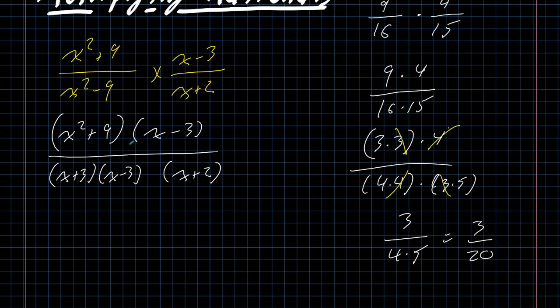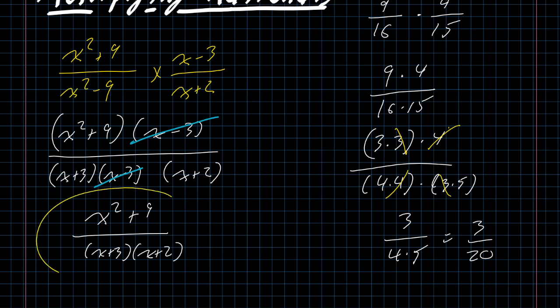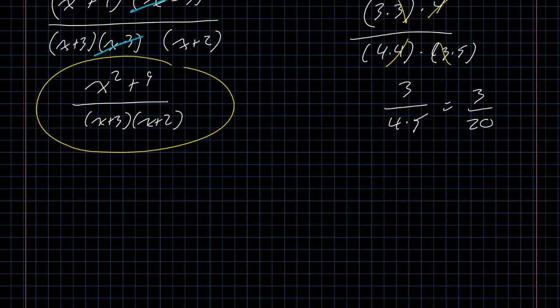By identifying that, I can cancel out the x minus 3, and I can write my solution, x squared plus 9 over x plus 3 times x plus 2. And as far as I'm concerned, that is a good place to leave your result.